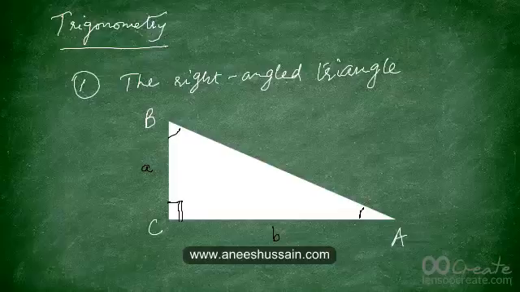And the side opposite 90 degrees, which is also known as the hypotenuse, will mark that as C. The hypotenuse is the longest side of a right triangle, and it is the side opposite the 90 degree angle.